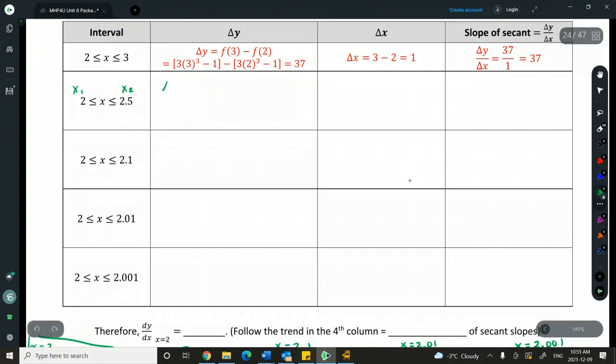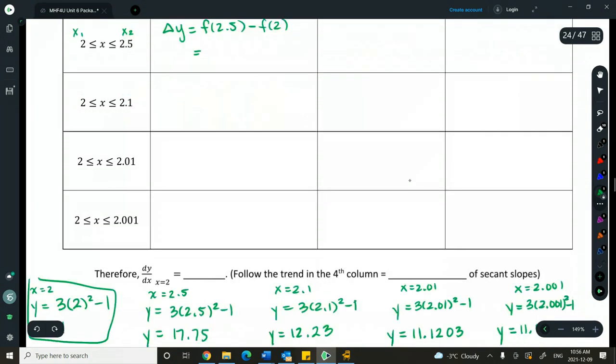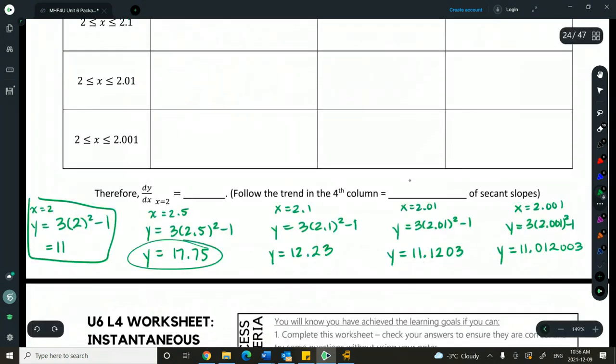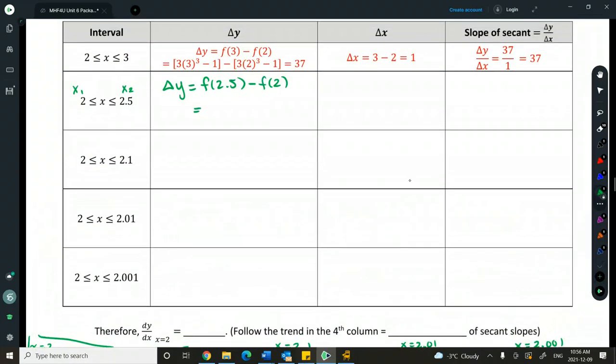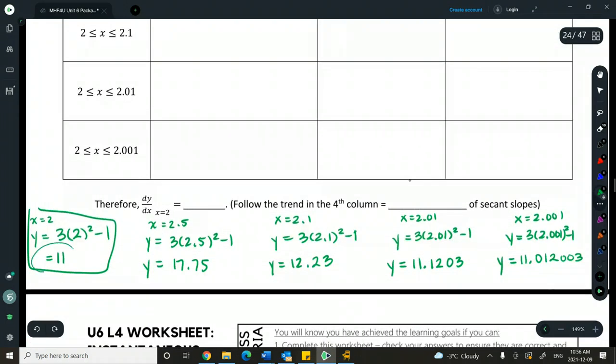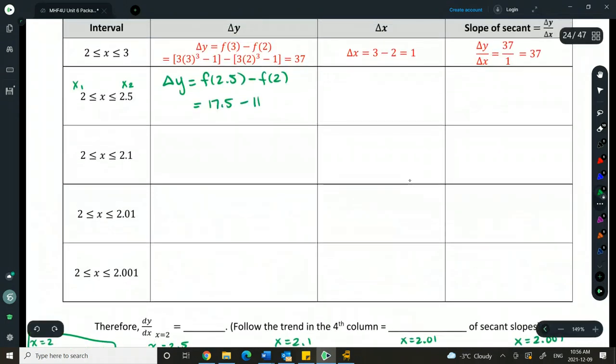When I calculate delta y, I want to do the difference between f at 2.5 and f at 2. So we found f at 2.5, or y at 2.5, to be 17.75. And we know our value when x is 2, our y value is 11.